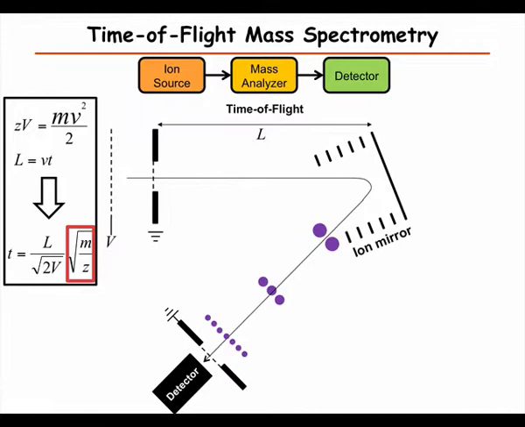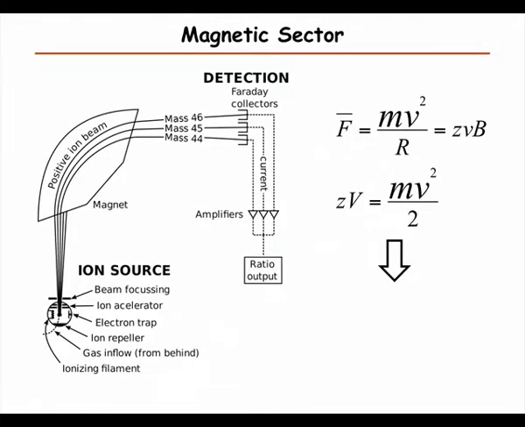So this is probably the mass spectrometer that's easiest to understand the details of. Another one that's also quite easy is the magnetic sector. It's not used so much anymore because it's very expensive and it doesn't give such a good resolution. The main thing here is that we bend the beam in a magnetic field, and the light ions bend more than the heavy ones.